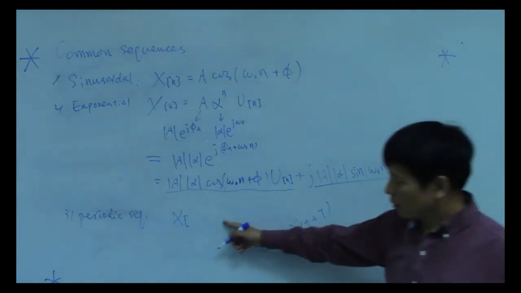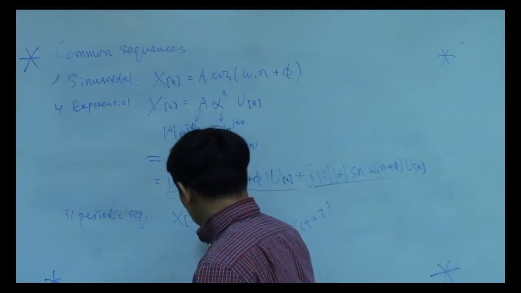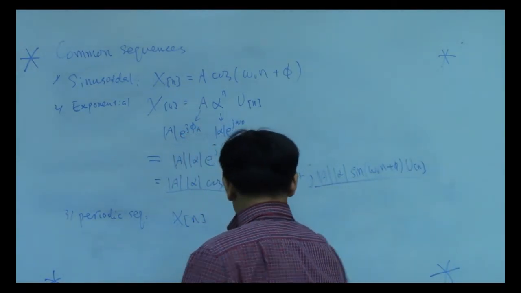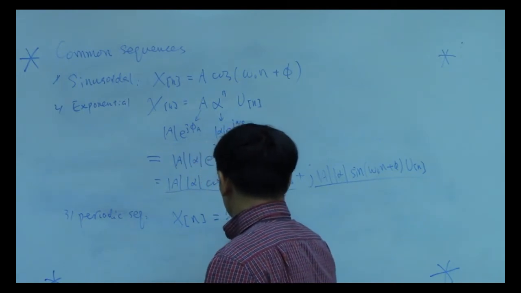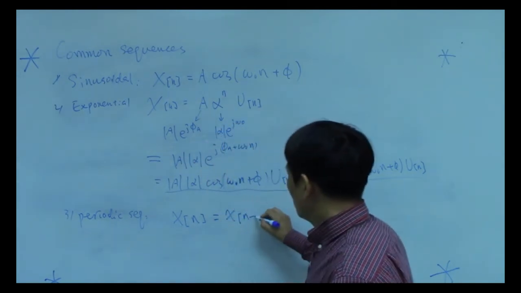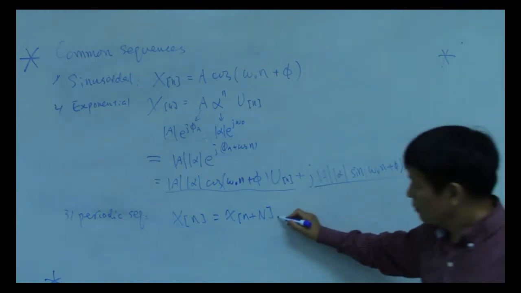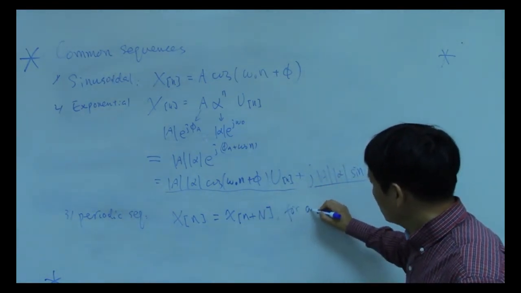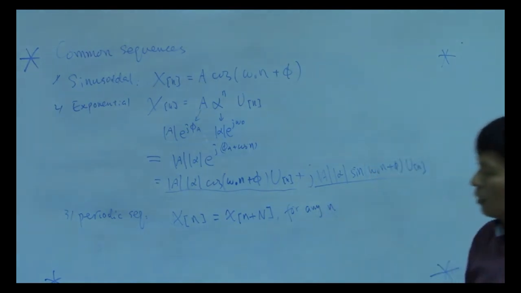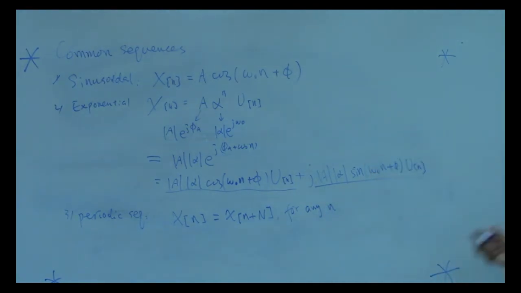Now this is the same thing, right? If x(n) equals x(n plus a capital N) for any n, if this is true, then this is a periodic sequence.